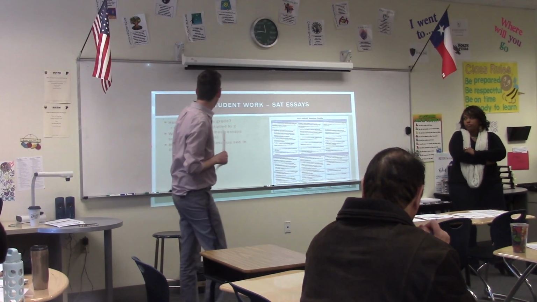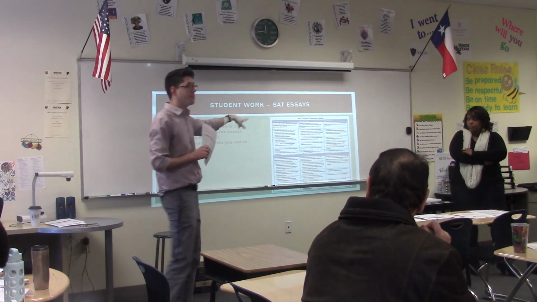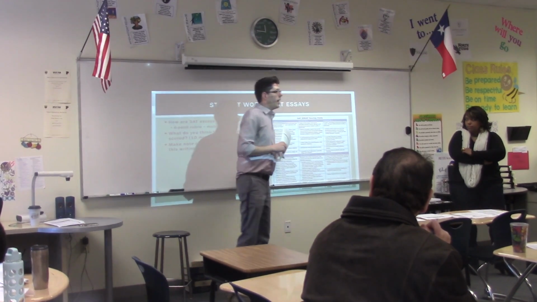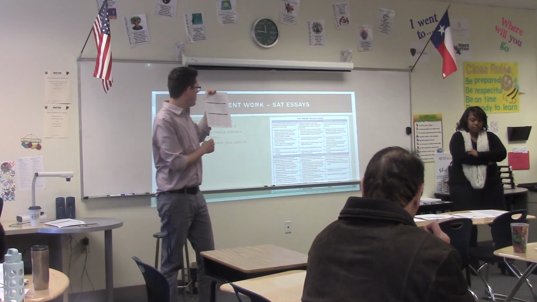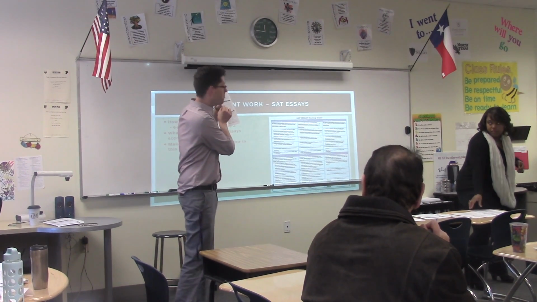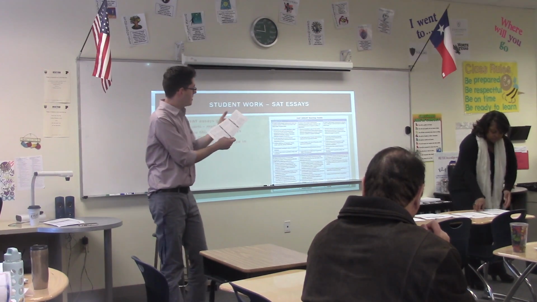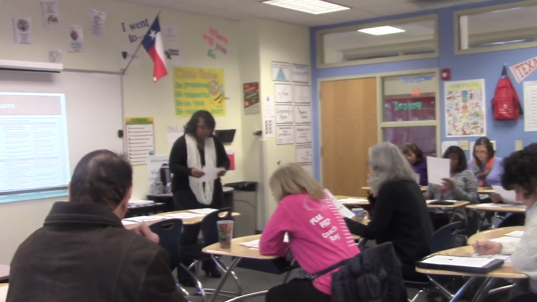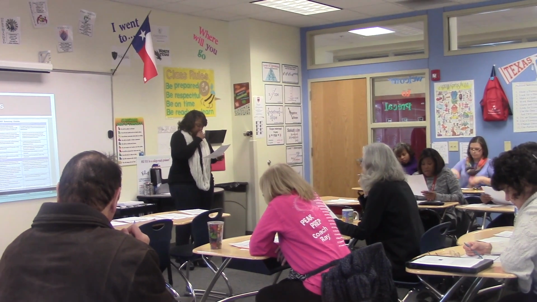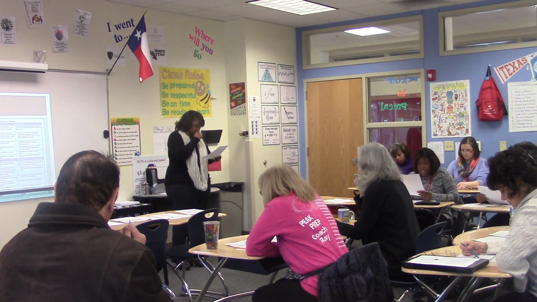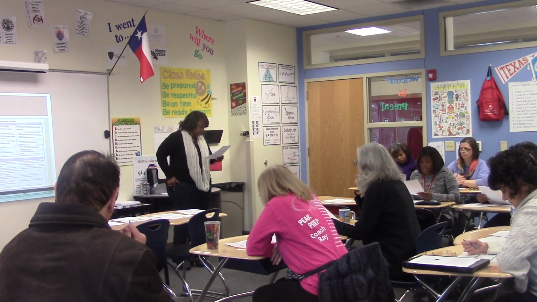So I very quickly want to look at what it takes to get a perfect score on this essay. Stacy, can you read out in the top left-hand corner of the box here, the first bullet point? Score 6. Effectively and insightfully develops a point of view on the issue and demonstrates outstanding critical thinking using clearly appropriate examples, reasons, and other evidence to support its position.